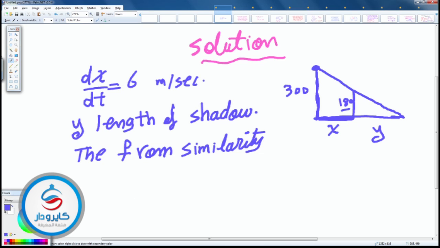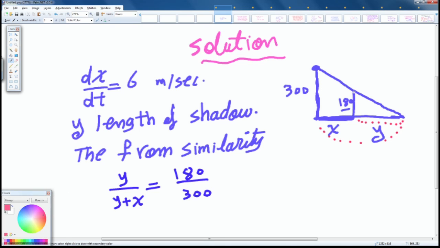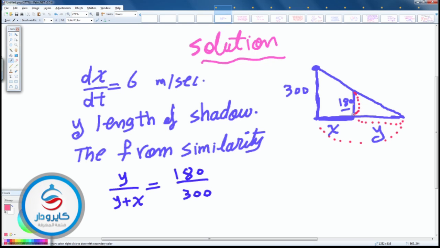Because we need to find a relation between y and x, that we have y over y plus x equals 180 over 300, because they are parallel, by the way.